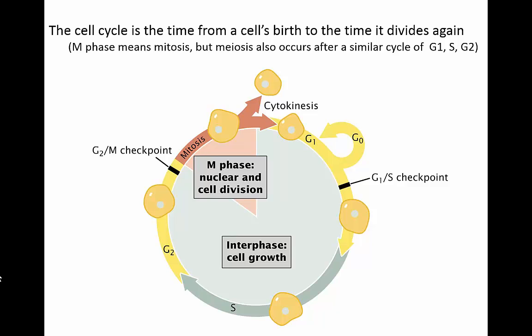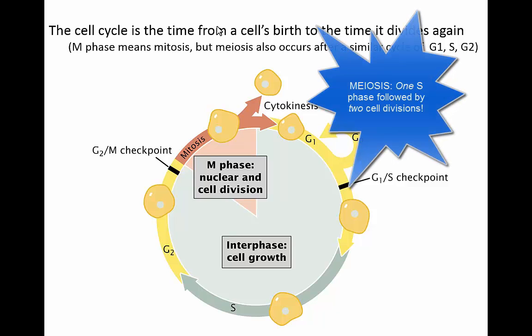Now in this course, our main focus is actually going to be not on mitosis, but on meiosis. We're going to talk about the stages of meiosis in a minute, and we'll talk about the fact that meiosis consists of two cellular divisions going from 1 into 4 cells. I'd just like to make the point now that meiosis is also preceded by this same type of cell cycle.